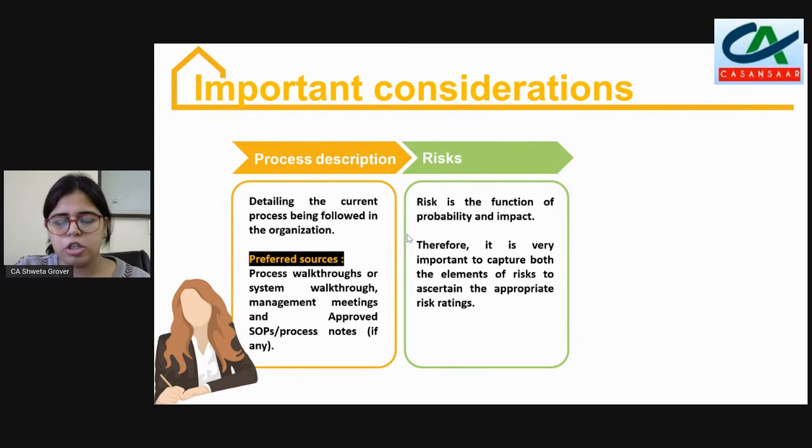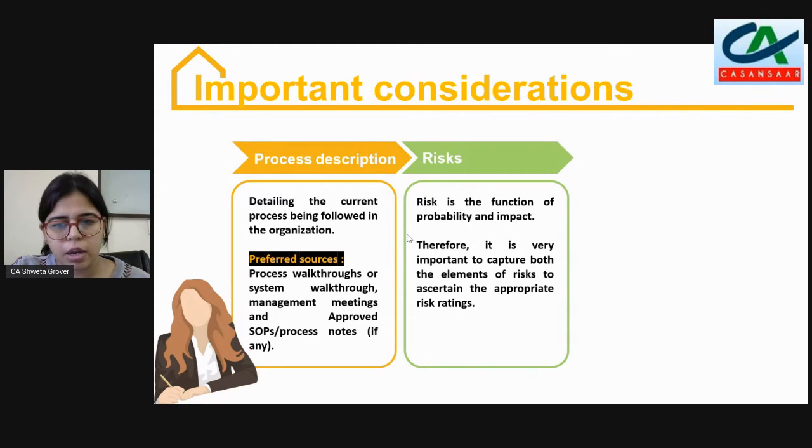When we go to the process owner, the process owner will generally ask what happens if this is not in place, what will be the consequence. So it's very important that when you are writing down the probability, you put the impact too, and only then is the risk complete, because risk is a function of two aspects, probability and impact.